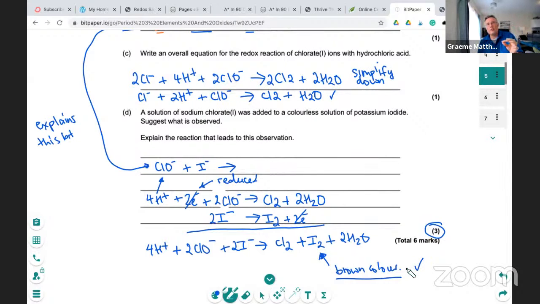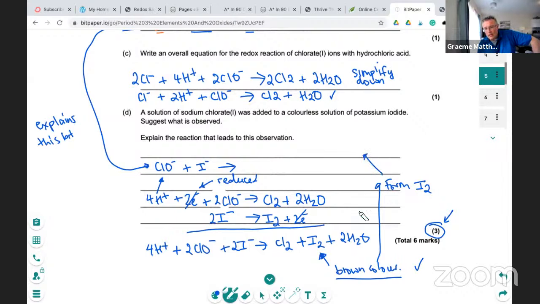The next bit is, why is it a brown color? Because you form I2. I2 in aqueous solution is brown. For the 3rd mark, this is like stacking points: why is it going to form I2?